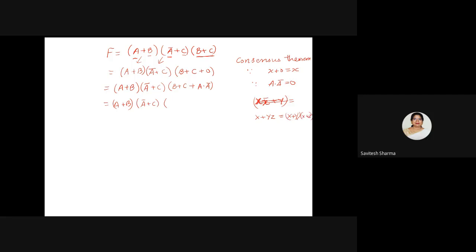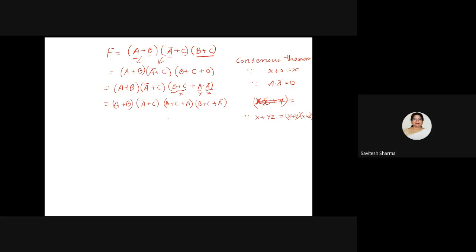Right? So this theorem I will use here to expand this. So this I am assuming is x, this I am assuming y, this I am assuming z. So this theorem I am applying here. What it says: x plus yz, then you can write it as (x plus y)(x plus z). So x is my ab plus c, y is my a, x is my b plus c, and z is my a bar.